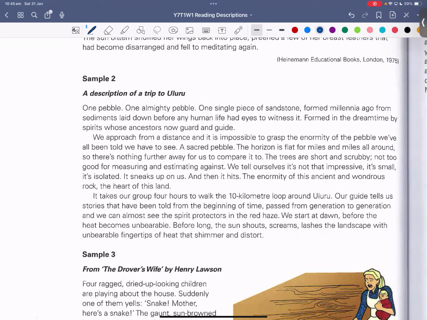Our guide tells us stories that have been told from the beginning of time, passed from generation to generation. You can almost see the spirit reflected in the face. We start at dawn, before the heat becomes unbearable. Before long, the sun shouts, screams, lashes the landscape with unbearable force, shiver and storm.